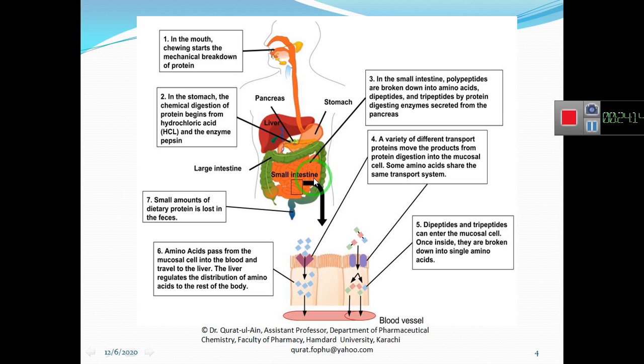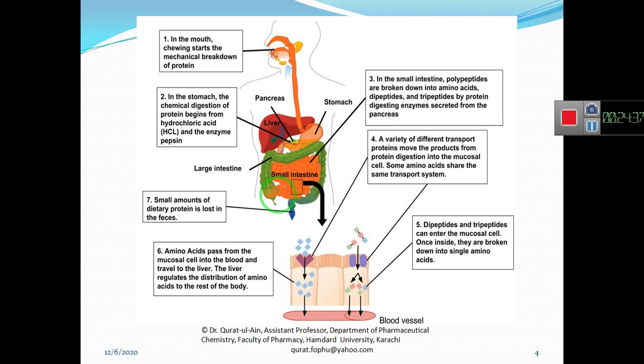And then what happened? You are also having in your small intestine the enzymes chymotrypsin and trypsin. These are pancreatic enzymes that are synthesized in the pancreas and reach the intestine via the pancreatic duct.